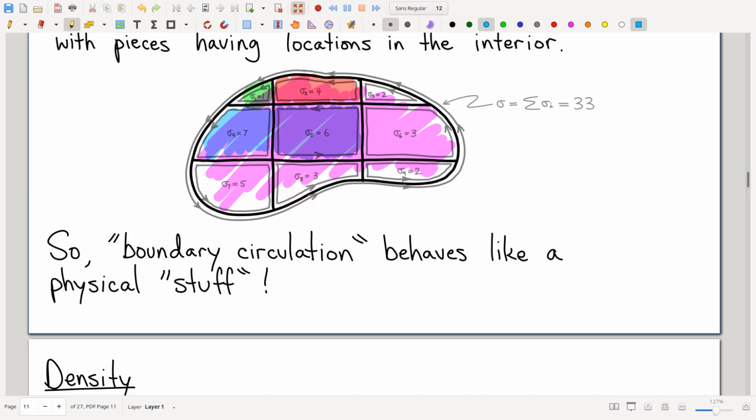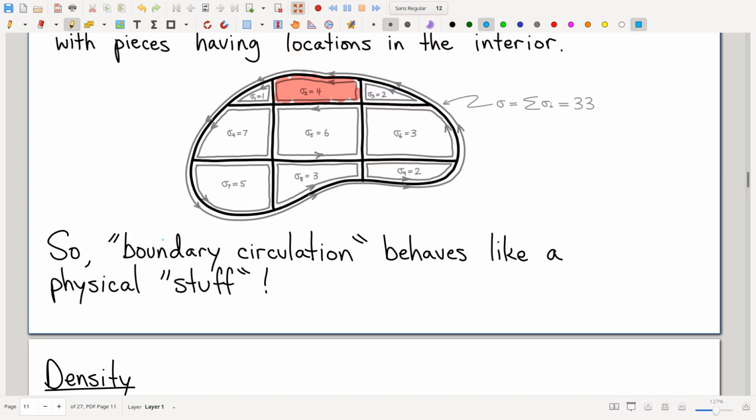And so in the same way that I can talk about how much of the mass of the whole is inside that piece by just computing the mass in that piece, likewise, because of the accumulation feature, if you want to know how much of the whole boundary circulation is on that piece, well, just compute the boundary circulation on that piece.